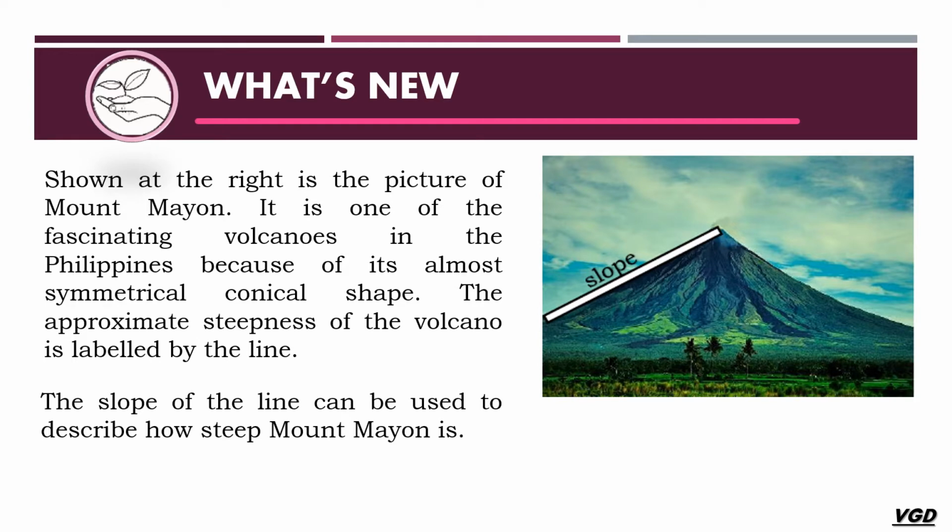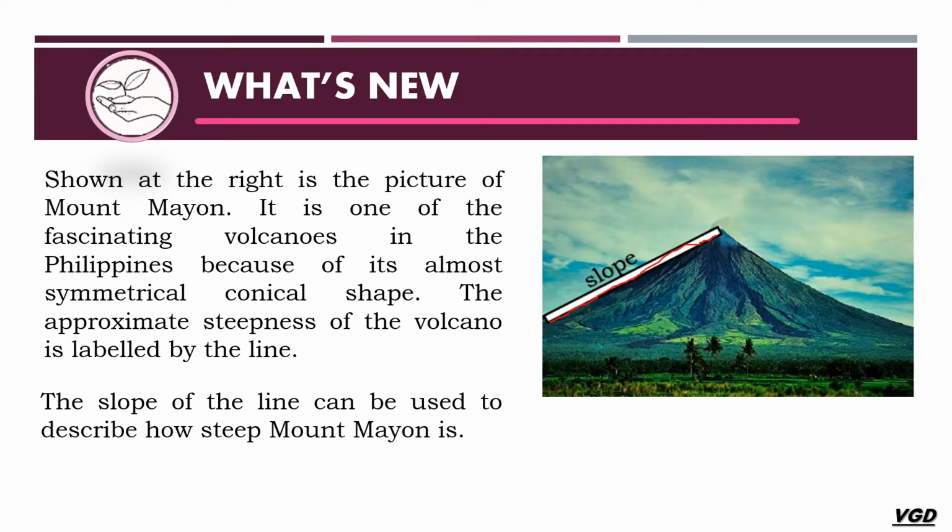What's new? Shown at the right is the picture of Mount Mayon. It is one of the fascinating volcanoes in the Philippines because of its almost symmetrical conical shape. The approximate steepness of the volcano is labeled by the line. So you can see here, we have here the word slope.